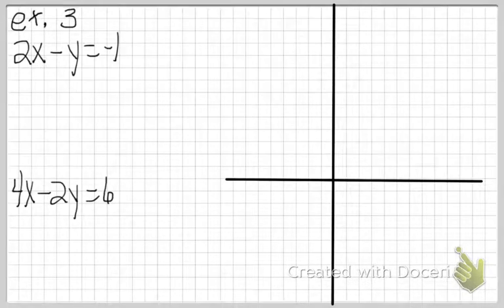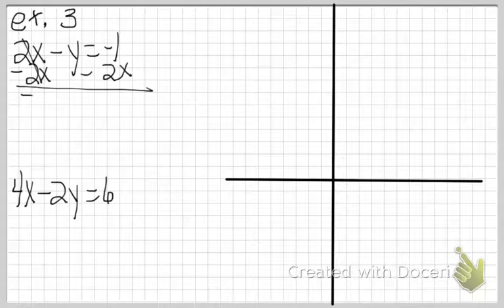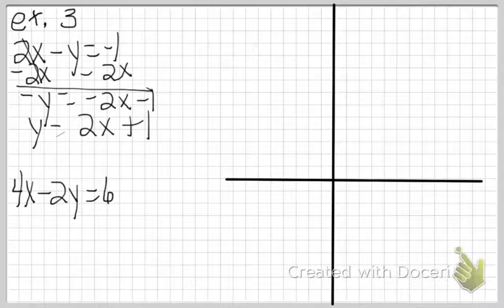Okay, example 3, we have to solve each equation for y, so we're going to subtract 2x on both sides. So that's negative y is equal to negative 2x minus 1. Again, when we're dividing by negative 1, we change the sign, so that's y equals positive 2x plus 1. The second equation, we're going to subtract 4x on both sides.